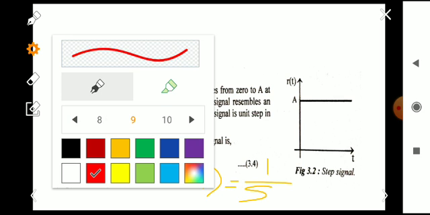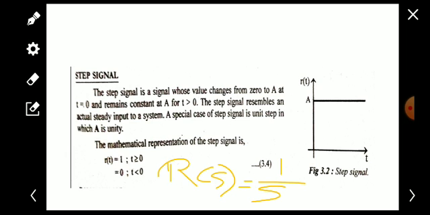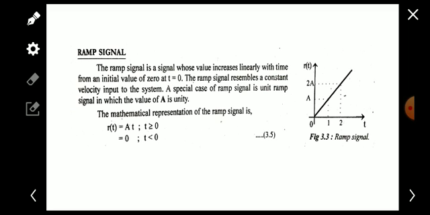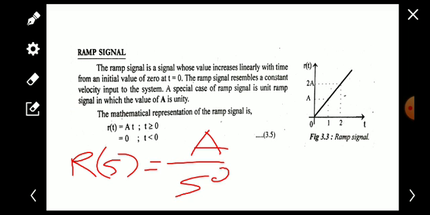In the case of a ramp signal, denoted as at, the Laplace transform R of s is a by s square. And for a unit ramp it will be 1 by s square.